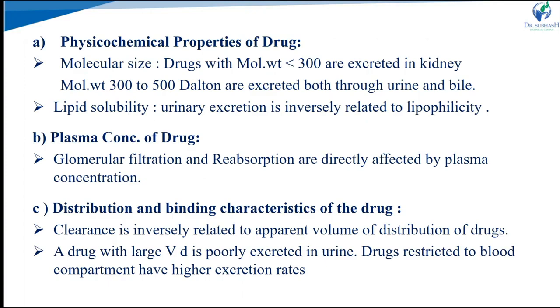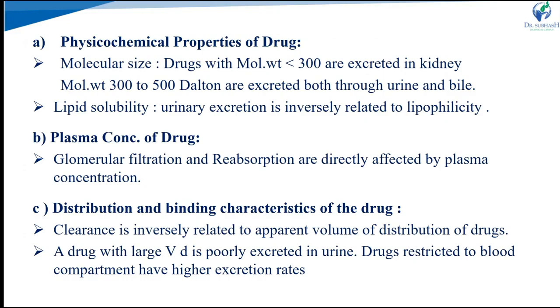These include molecular weight, lipid solubility and ionization constant. Molecular size is a very important consideration during drug excretion. Larger molecular weights are very difficult to excrete through glomerular filtration.